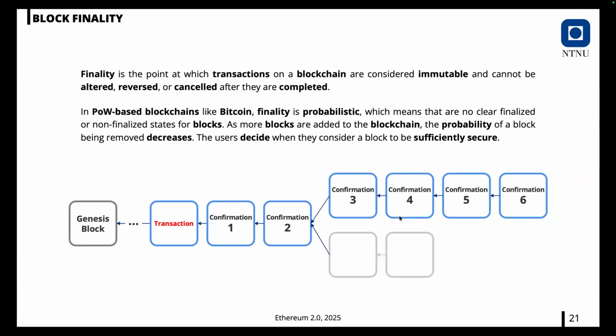Right, so finality is a concept of when something cannot be changed. Finality is the idea that if you baked something in, there is no way it can possibly be changed. And the finality in Bitcoin is probabilistic.